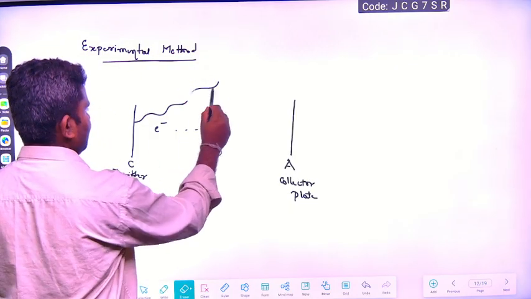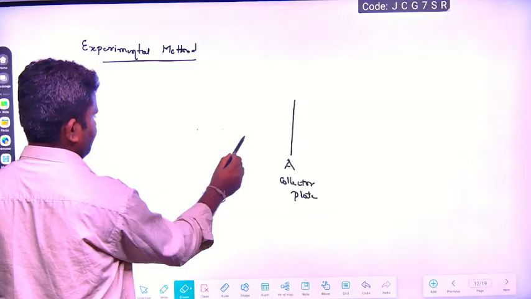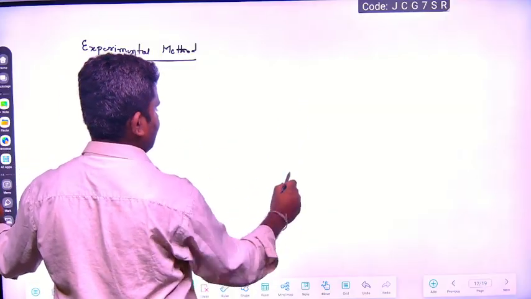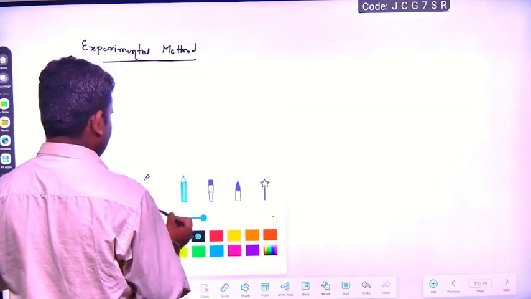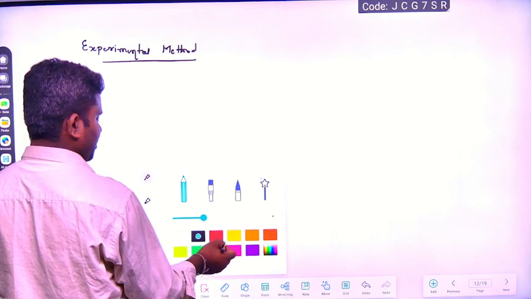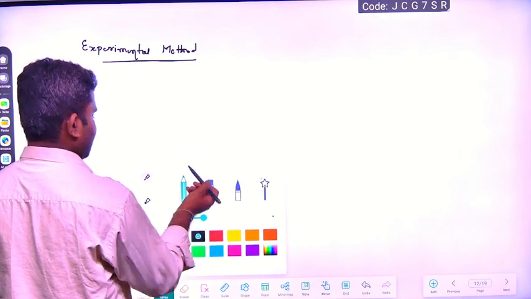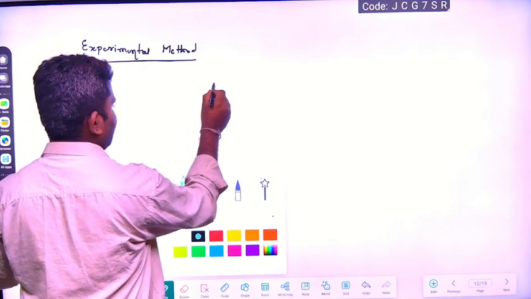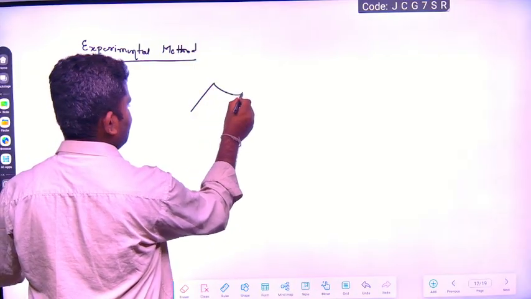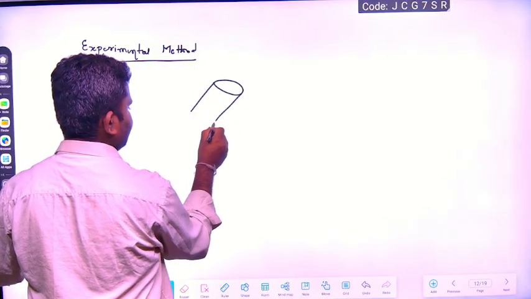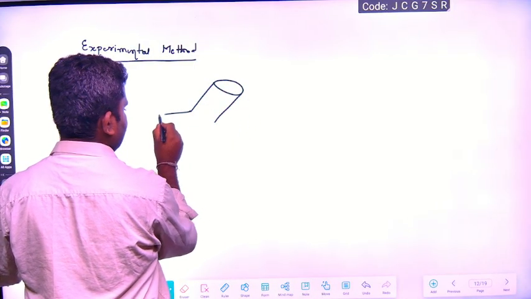How it will be, just see. I will take one quartz tube. This is the tube, and it will be like this.